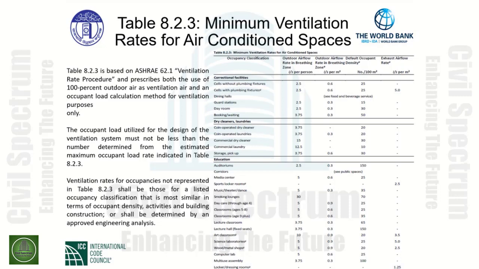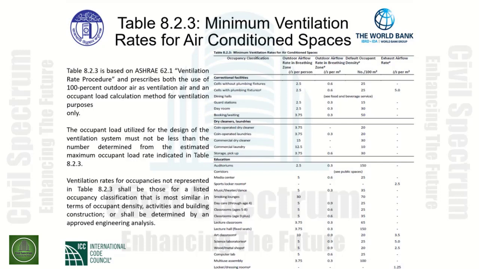As seen here, the table gives us much information about the occupancy classification, airflow rates, and in the very last column, there's an exhaust airflow rate as well. This table, Table 8.2.3, is based on ASHRAE 62.1, called the Ventilation Rate Procedure.